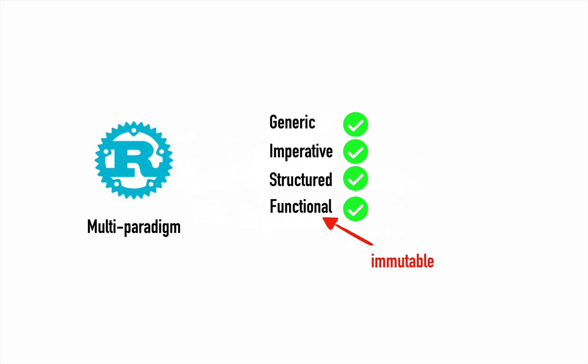It's also inspired by Haskell. You can do functional programming with Rust. You can explicitly define a variable to be mutable, but by default, everything is immutable. That sort of sweetness is not something C or C++ offers.